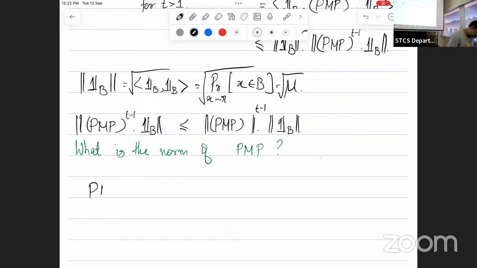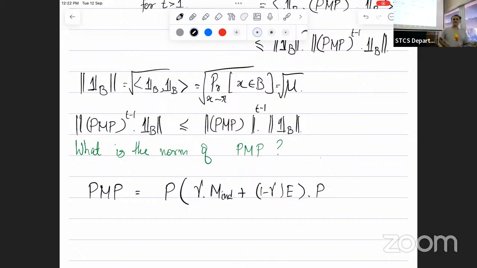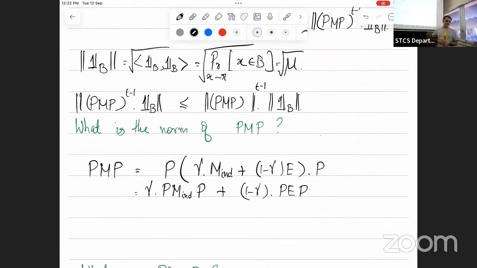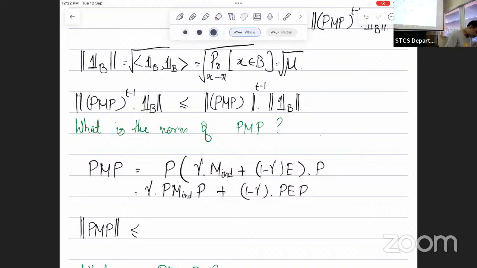Notice that for PMP, I'm now going to decompose M. This is going to be P times gamma times M int plus 1 minus gamma times E, times P. This is therefore equal to gamma times P M int P plus 1 minus gamma times P E P. If I care about the spectral norm, this is at most gamma times the spectral norm of this guy.